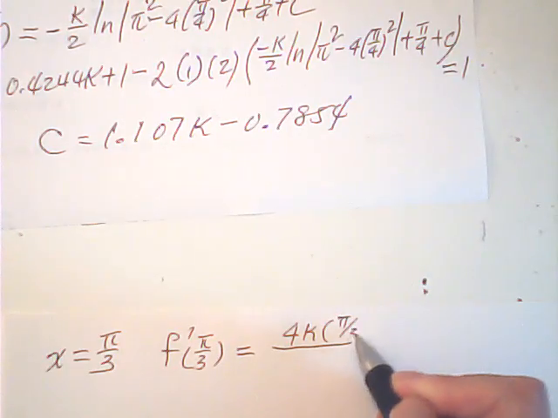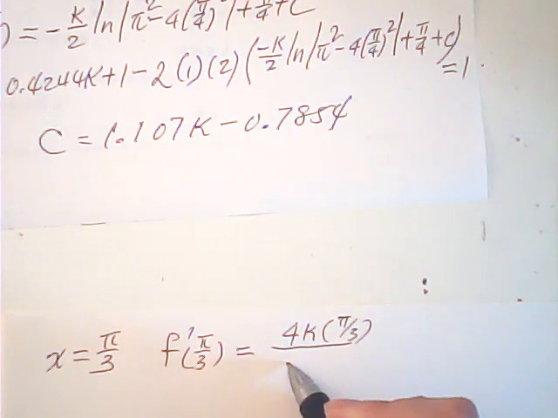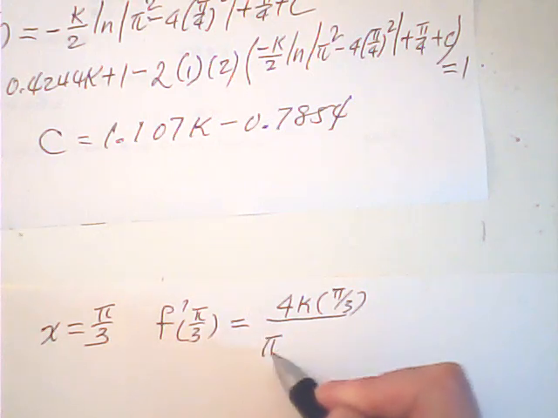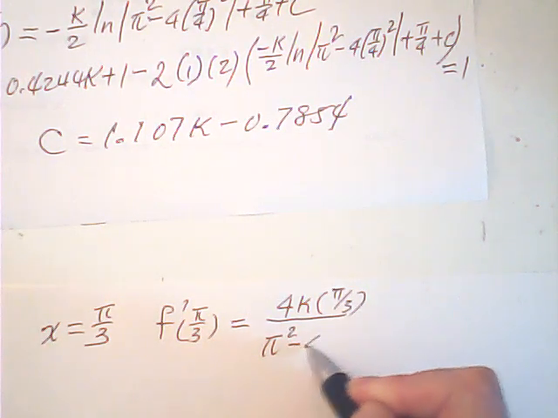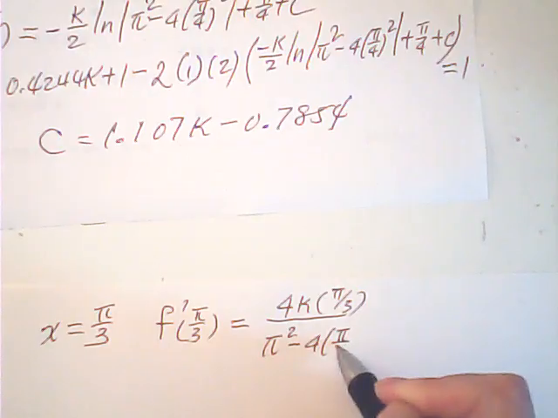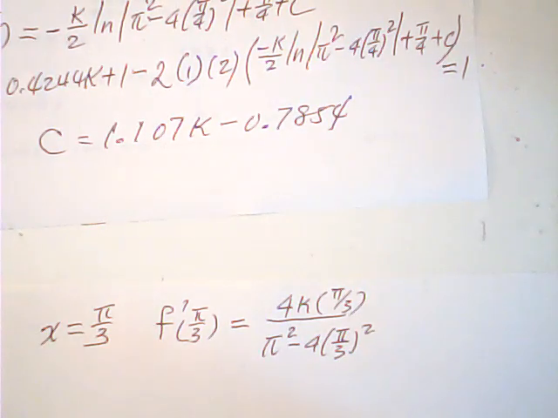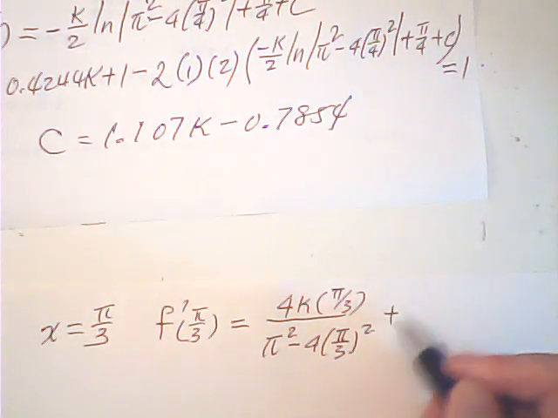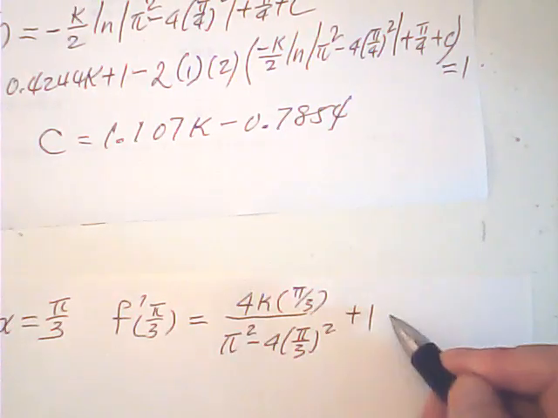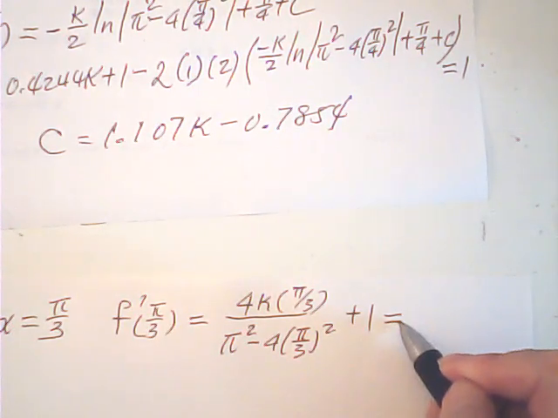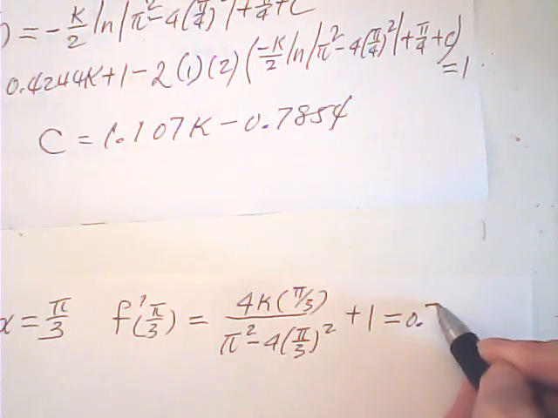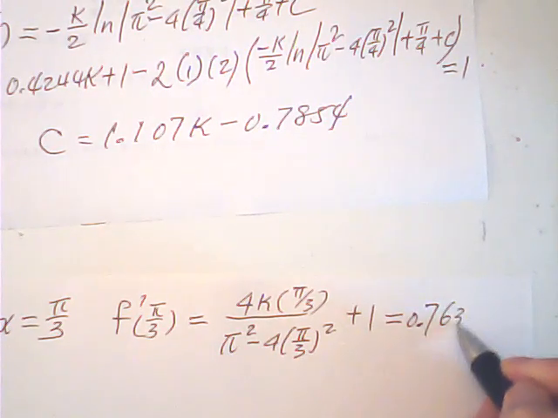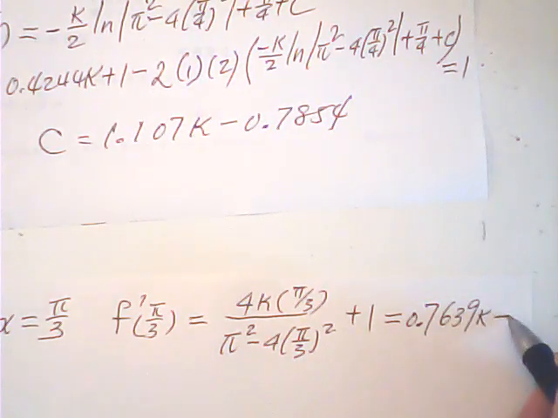pi over 3 and the pi square minus 4k, and plus 1. Simple, 0.7639k plus 1.